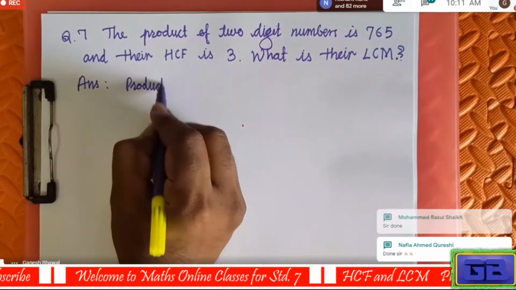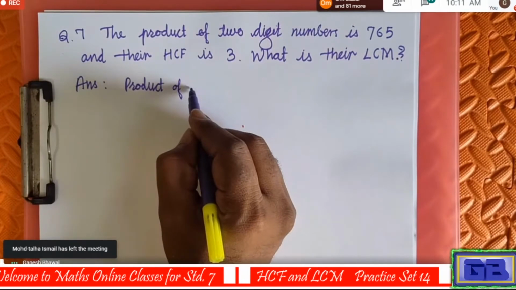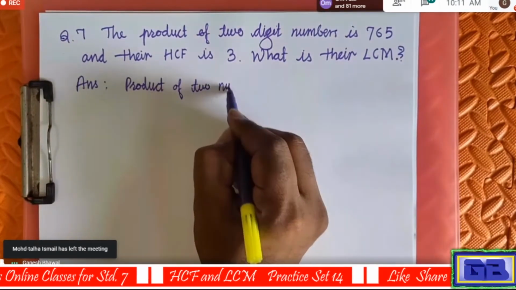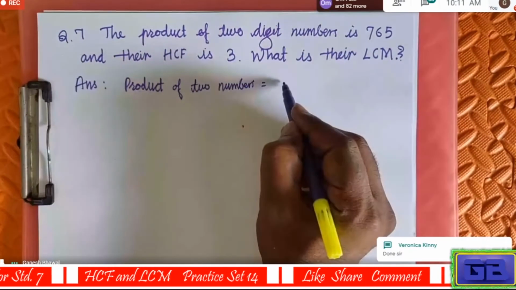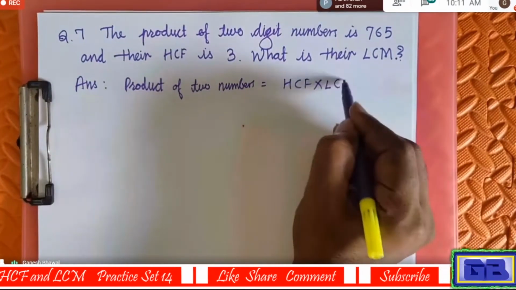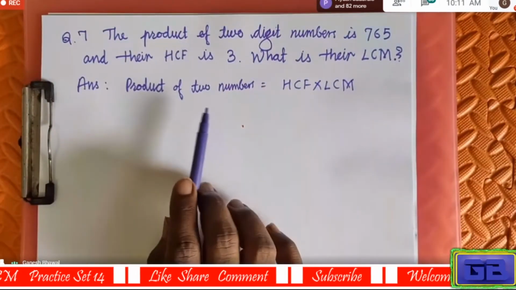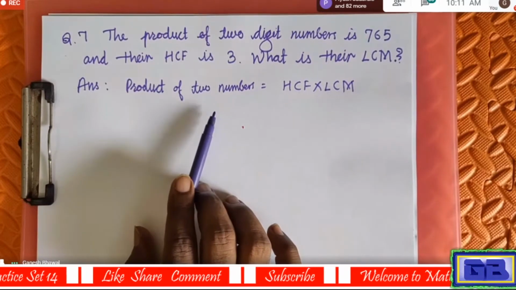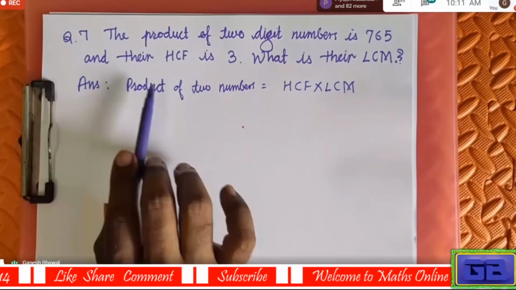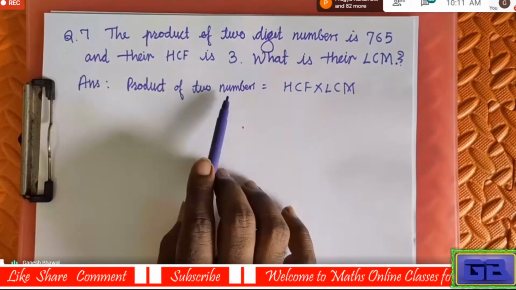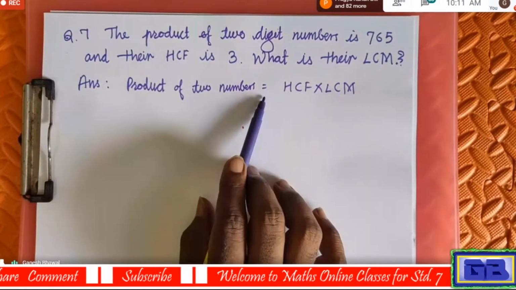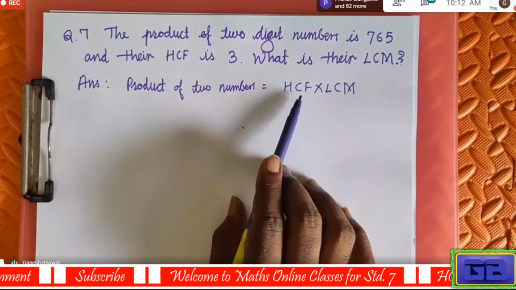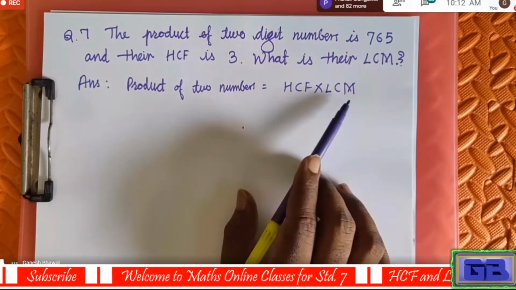Product of two numbers equals HCF into LCM. This rule you should remember. In a question, if two numbers are given, their product, their multiplication, is equal to the product of HCF and LCM.